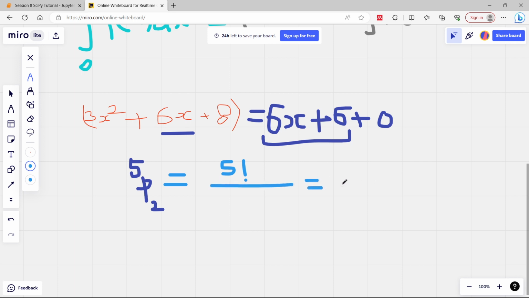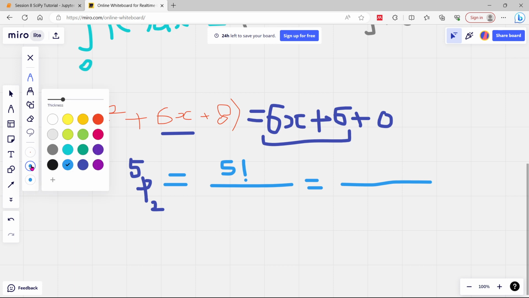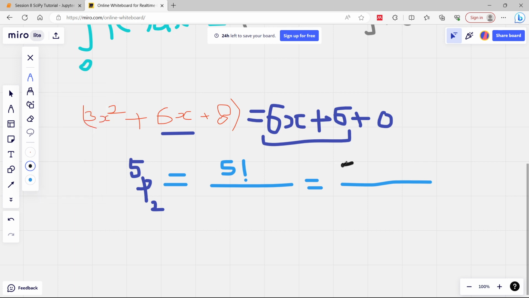The expansion of 5 factorial is 5 multiplied by 4 multiplied by 3 multiplied by 2 and so on. 5 4s are 20, 3 2s are 6, so 20 into 6 in the numerator.